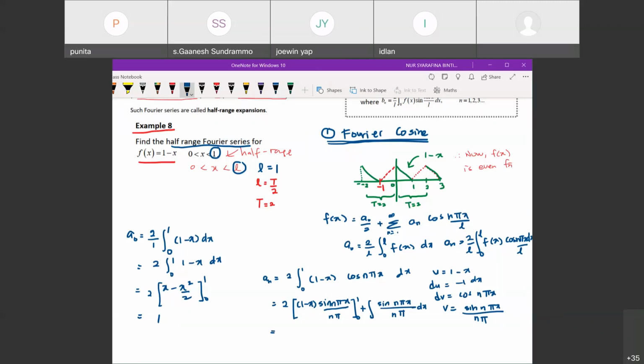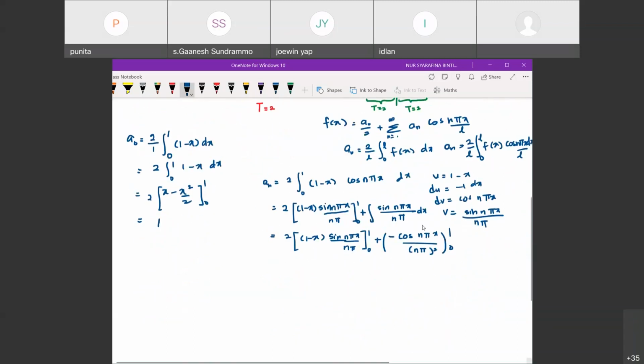Then we just need to apply the limit there. 1 minus 1, 0.